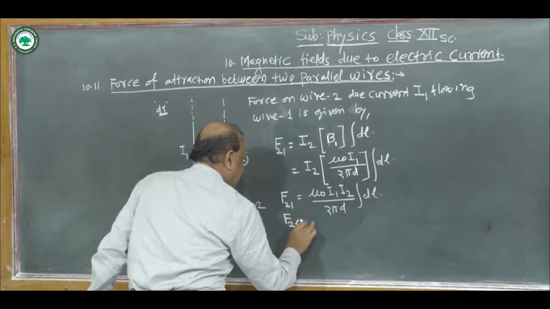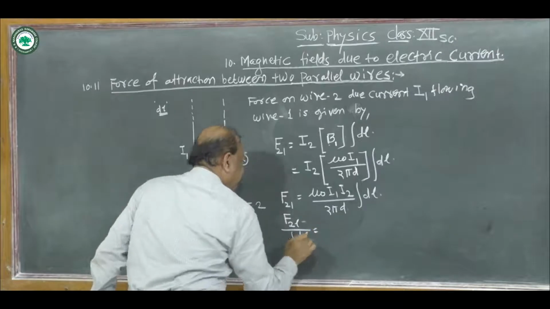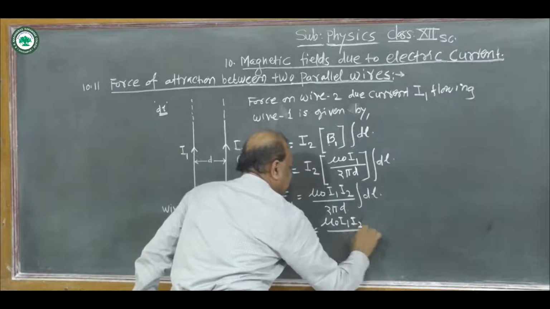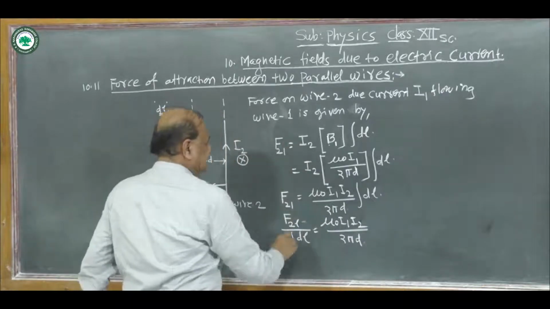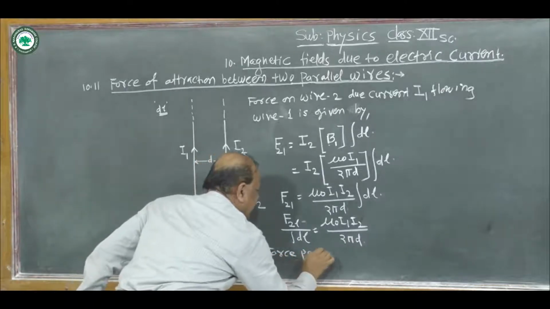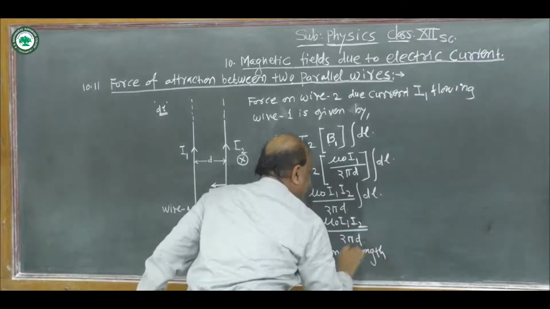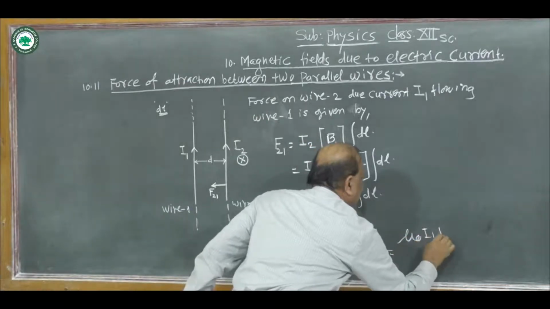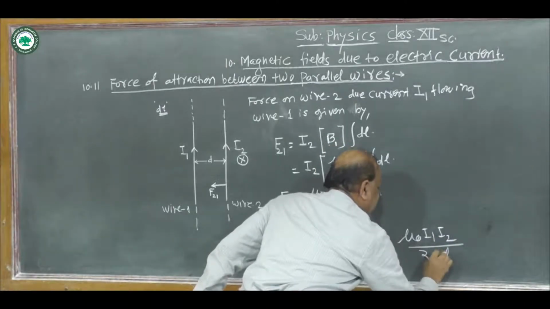The force per unit length, that is dividing by the integration of dl, equals mu 0 I1 I2 divided by 2 pi d.